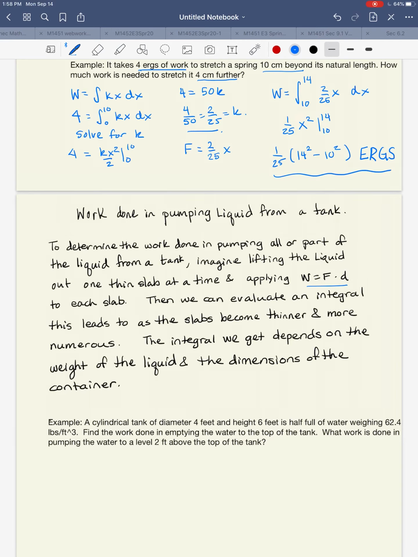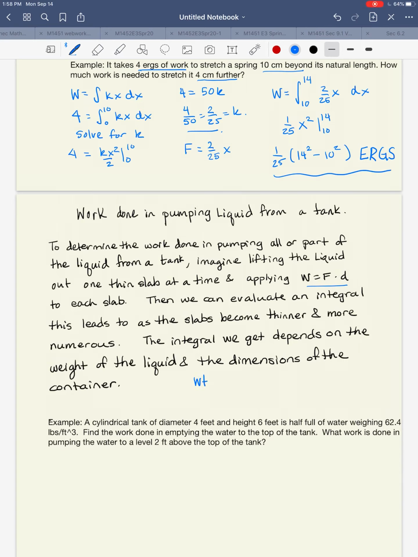We'll be needing the weight density of the water or the liquid. If it's in pounds per cubic feet, then our weight density already has the gravitational constant in it. If we're in metric units, often you'll not have the gravitational constant part. In metric units, you'll be given the mass density.